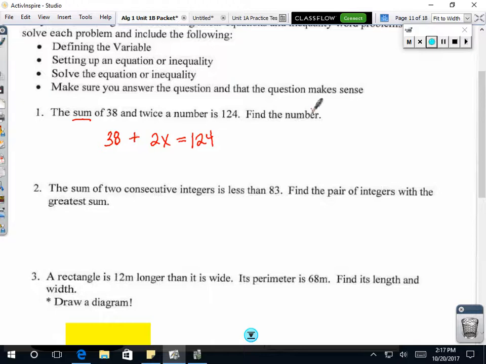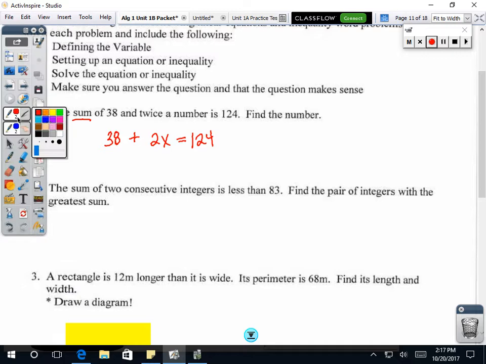But they also want us to find the missing number. So we solve for x by doing what? Subtracting the 38, because it's a constant value, a number without a variable, and so is 124. So we can combine them on the same side. Now we have 2x equals, and now what do we do?